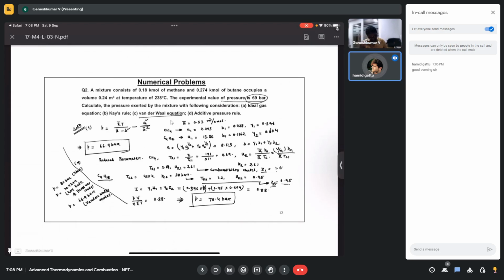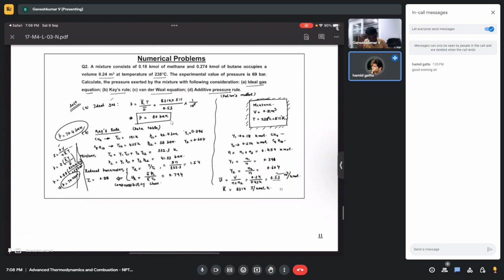The reduced volume has the general formula, as we know. But when we dealt with Kay's rule, we put in the specific volume of the system, which we calculated at the very beginning. But here we have calculated the specific volume for the component, and it has been written as V by N1. So I'm confused about it. Where do we get this V?